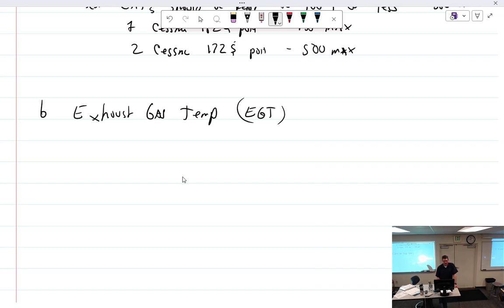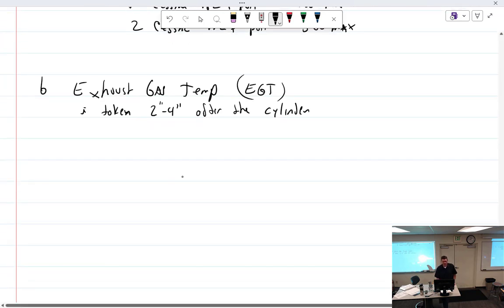So the exhaust gas temperature is taken 2 to 4 inches after the cylinder. So you go 2 to 4 inches into your exhaust, drill a hole, stick a probe in. That's where you're going to get your exhaust gas temperature. The actual number is irrelevant.